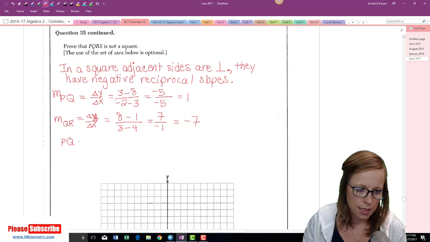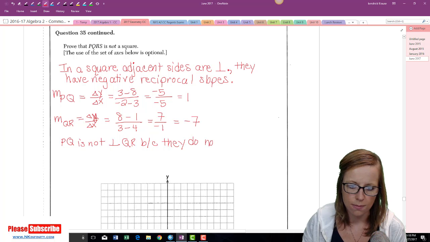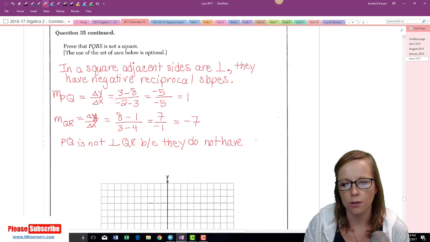PQ is not perpendicular to QR because they do not have negative reciprocal slopes.